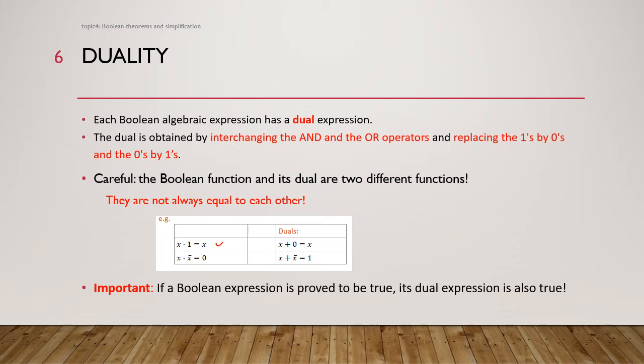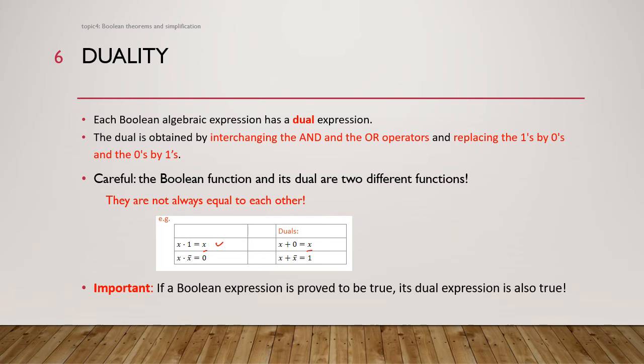And also we replace the ones by 0. We got some ones here, which are replaced with 0, and keep the x. And on the right, nothing is going to change, keep it as x. So we got the dual for x and 1, which is x or 0.